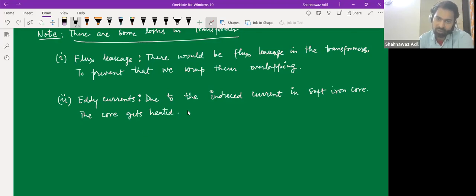So what do we do to prevent this? We laminate the soft iron core.